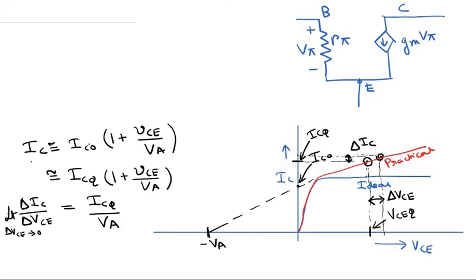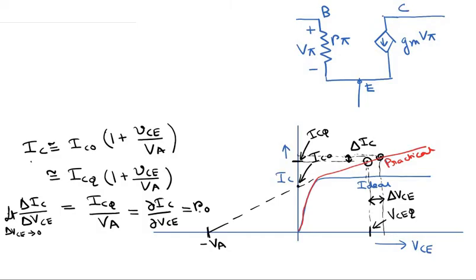Okay, you can already understand from this expression over here. And this is actually equal to del IC del VCE. So this parameter basically relates the small increase in collector current with the small increase in the collector to emitter voltage, and this is basically the output resistance R0.